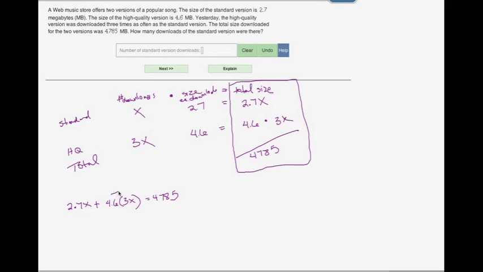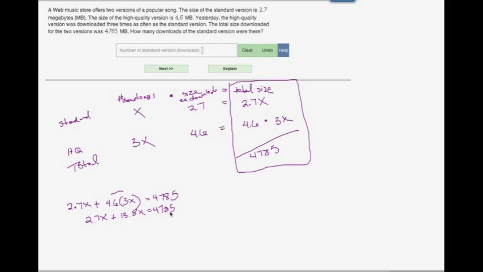So we're going to simplify by multiplying here. 4.6 times 3 is 13.8. So we have 2.7x plus 13.8x equals 4,785.